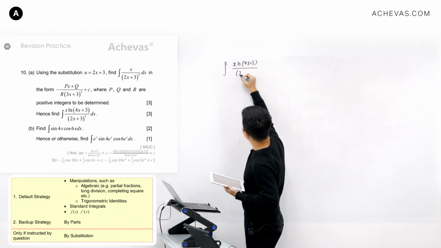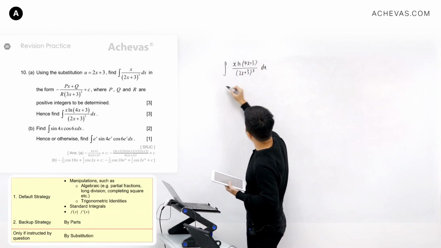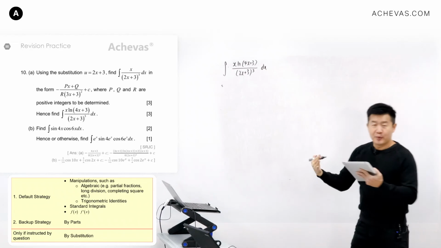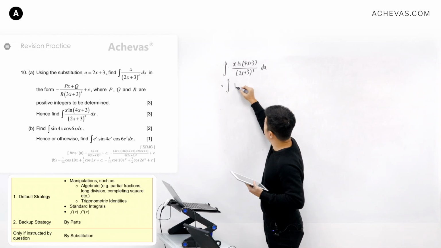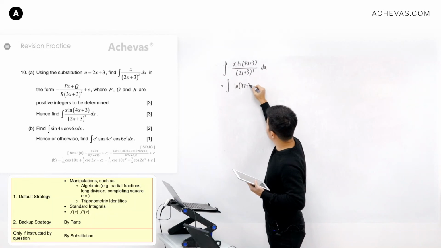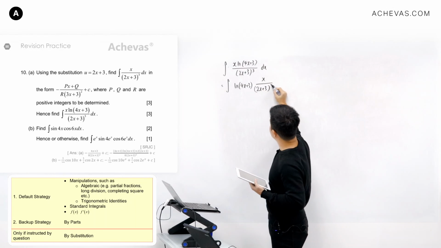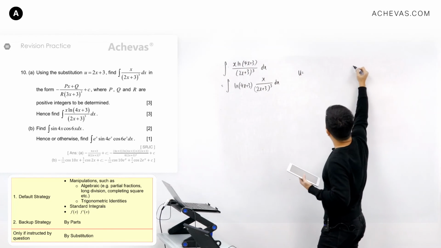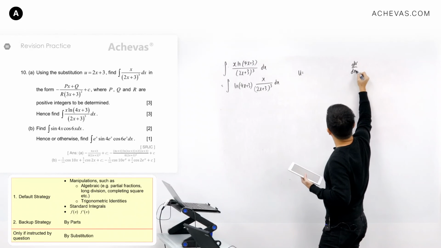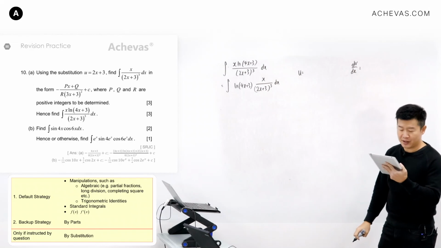Divided by 2x plus 3 cube. So I'm going to be breaking this up into two parts. One is going to be ln of 4x plus 3. The other one is going to be x over 2x plus 3 cube. So u and dv dx: we know we can integrate this because we just did that in part 1.